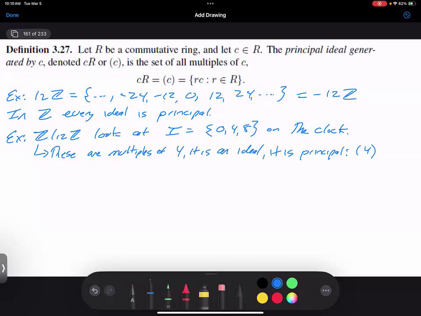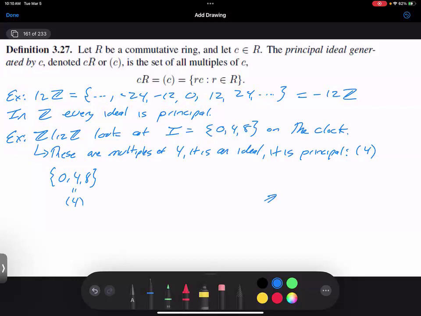Is it possible to extend this and get some bigger ideal that's not all of Z mod 12Z? Can you find a bigger ideal that contains this that's not everything? So here's our ideal, 0, 4, 8, basically the multiples of 4.